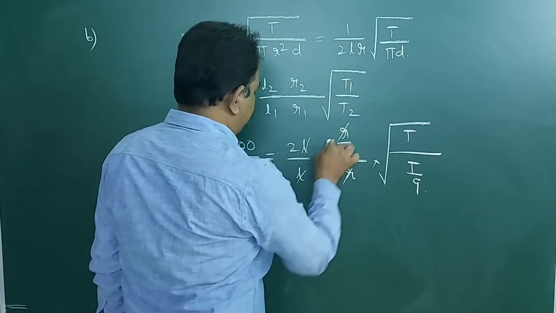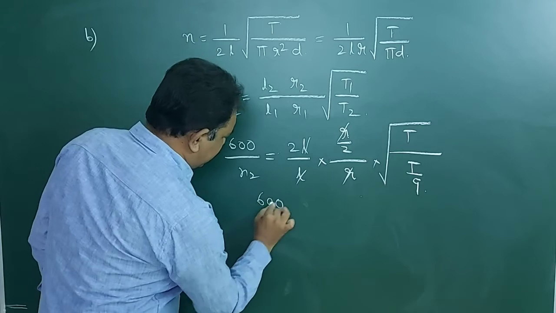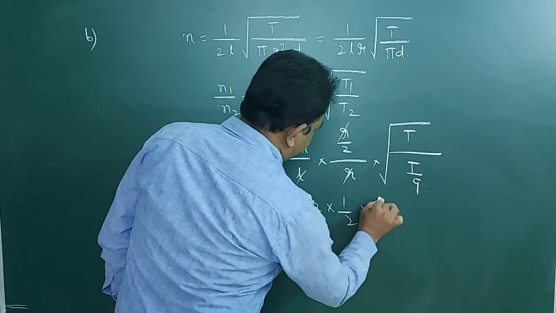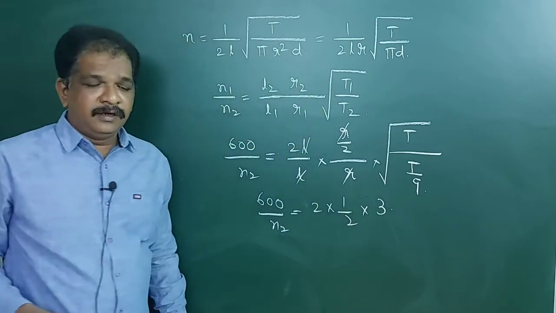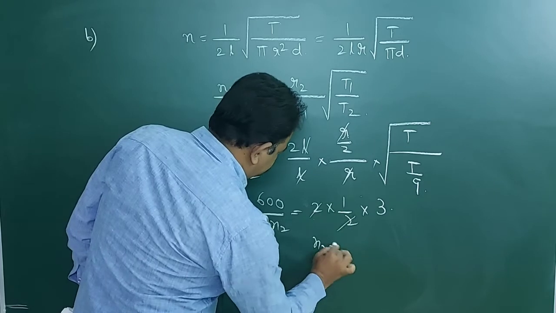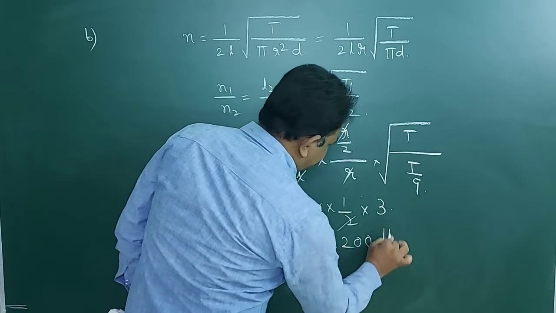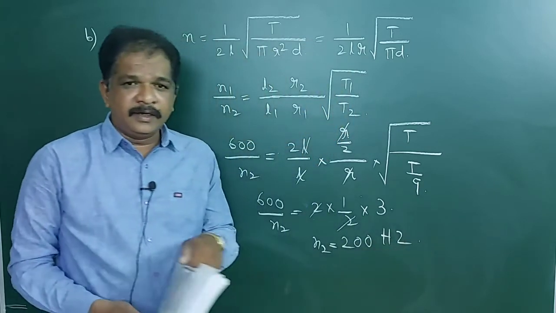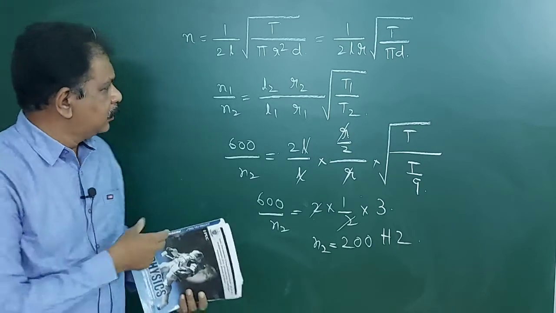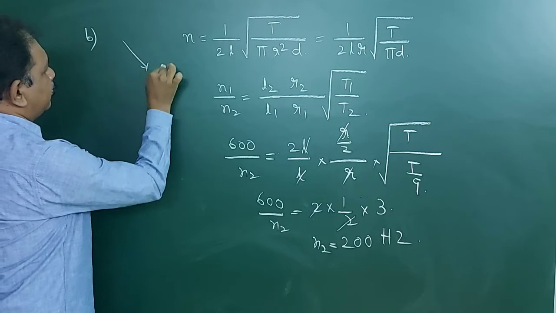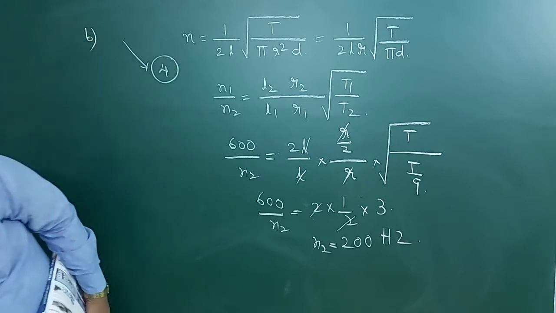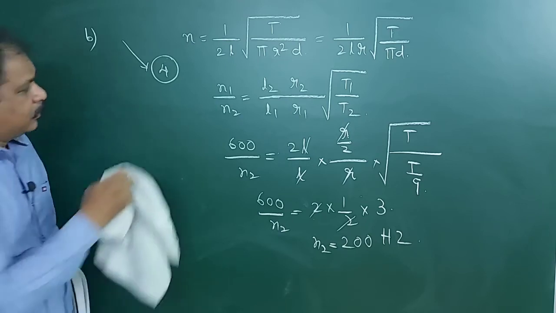So these two will cancel. 600 by N2, 2 into 1 by 2 into root 9 means 3. So N2 is equal to 200 Hz. Okay. Sixth question, it will be fourth option. Okay. See the seventh question.